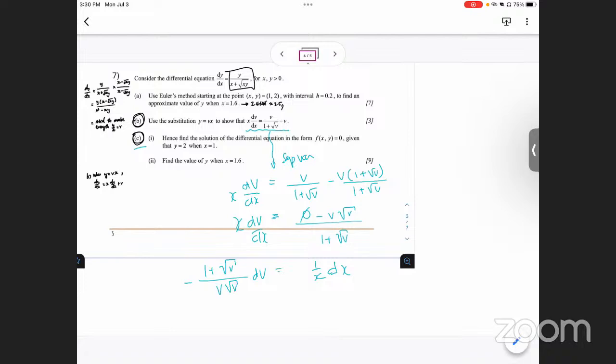Okay. At this point, I will ask you, is this easy to integrate or not? This is your problem, currently. Is it easy to integrate? Do you see it?